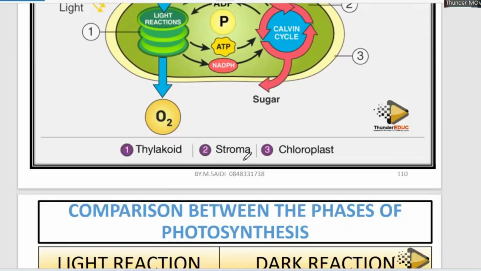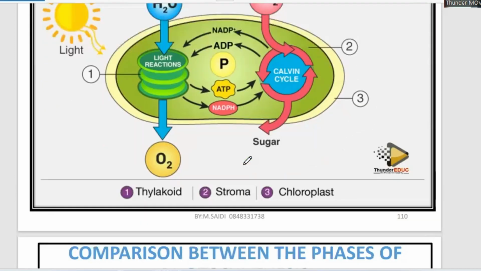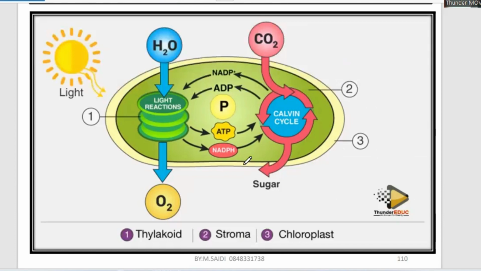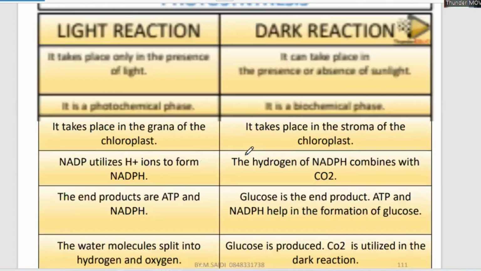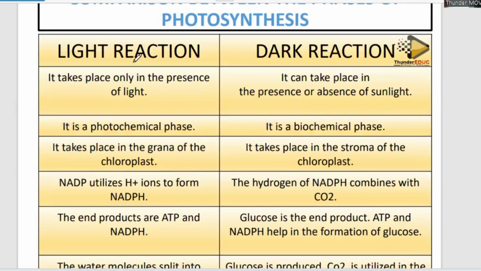So basically, that is the process of photosynthesis. I know that students have a big challenge when it comes to this process. Just in one minute, look at this: the differences between the light phase and the dark phase. The light phase occurs only in the presence of light, as you hear the word, and the dark phase occurs in the absence of light.